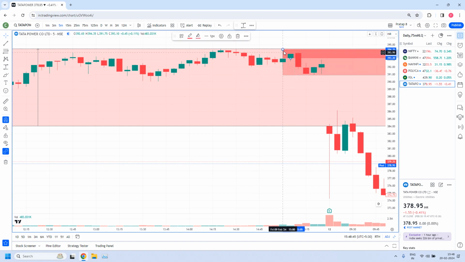So that is the reason why this entire candle is considered as leg-in. That is ERC candle and leg-in.